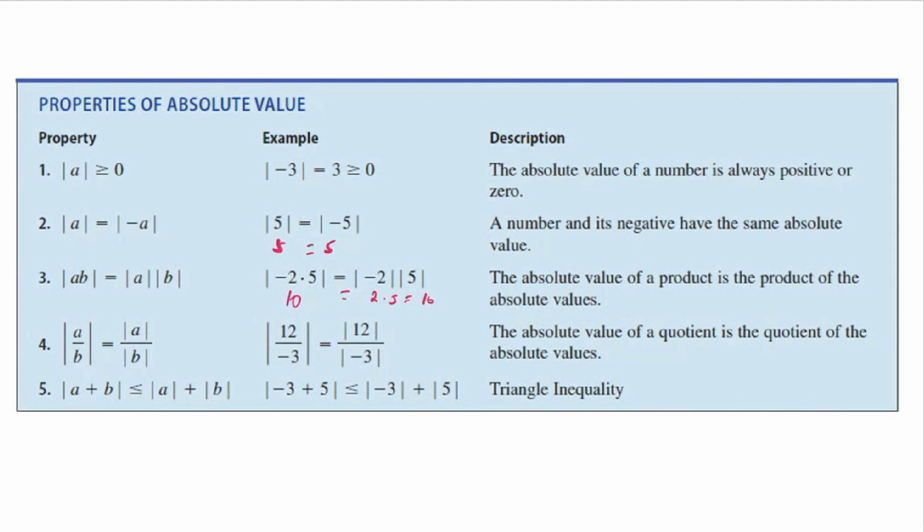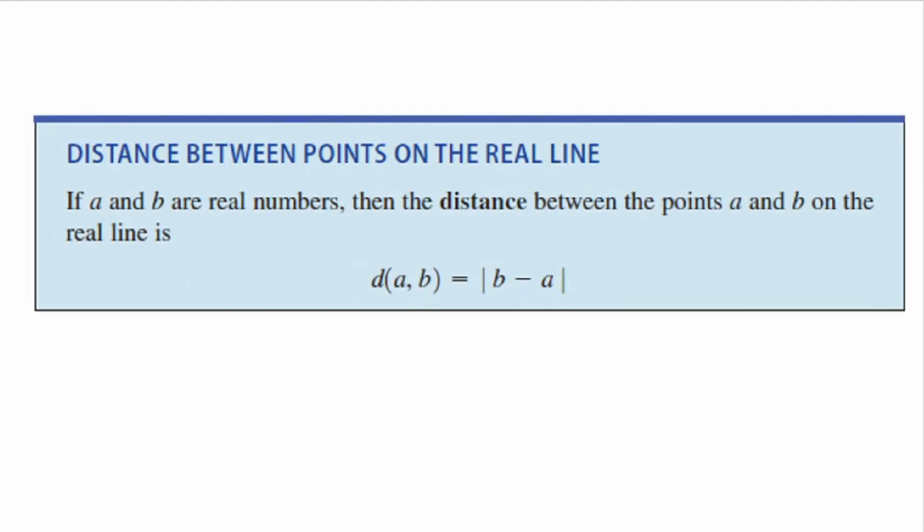To simplify that, we have an answer of 4. And the last property, we have the absolute value of A plus B is less than or equal to the absolute value of A plus the absolute value of B. This kind of property is what we call the triangle inequality. So let's apply these properties in the next example.